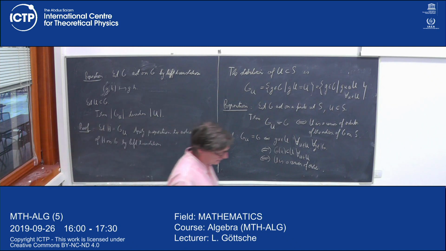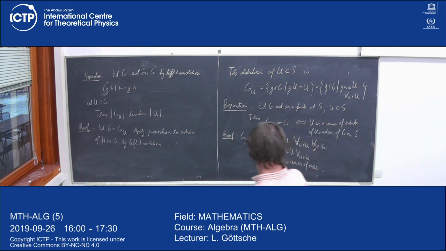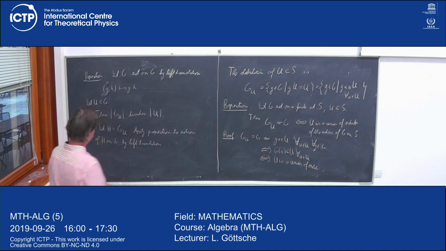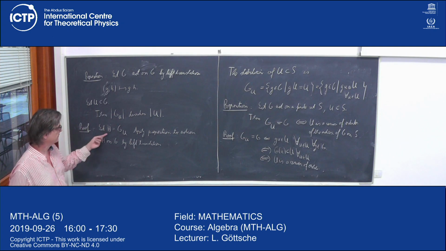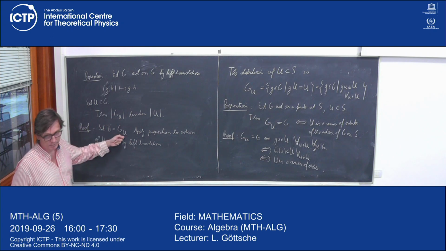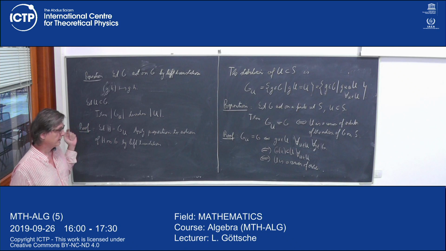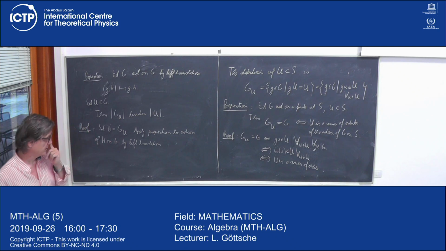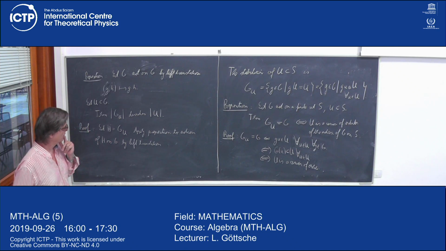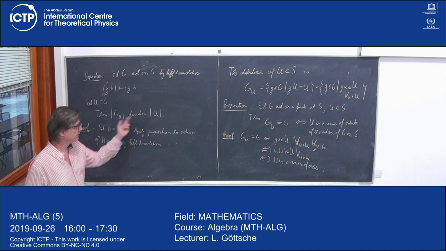And then what do we get? In this case, the whole group H is the stabilizer. So that means that U is a union of H-orbits.